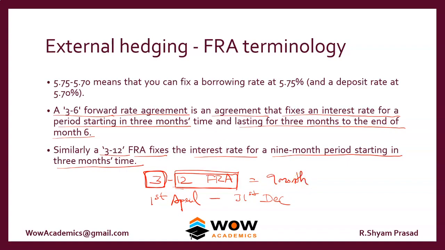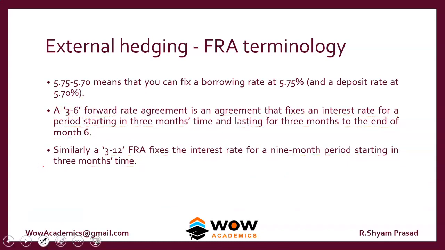So we'll also do this for the 3-6 forward. If it's January today, the contract is going to start in the 3rd month and it will run from the 3rd month to the 6th month. So that is what the FRA means. The contract will start on the 3rd month, meaning January, February, March is over.